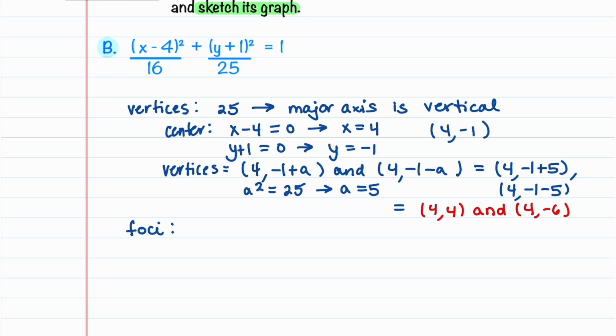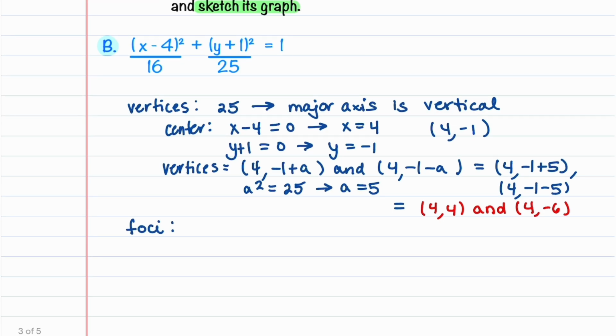Let's now do the foci. The foci are going to be located at 4, minus 1 plus c, and at 4, minus 1 minus c. Now we need to find c, so we know that we can use the equation c squared is a squared minus b squared.